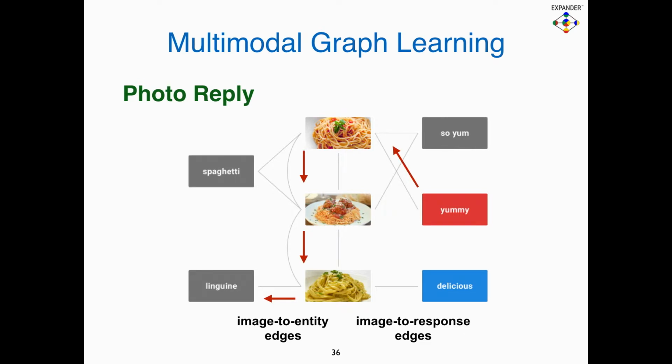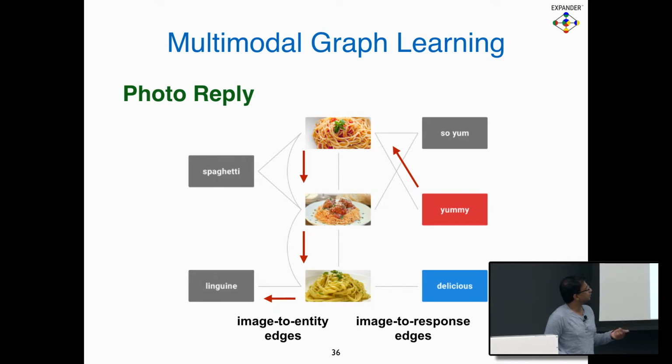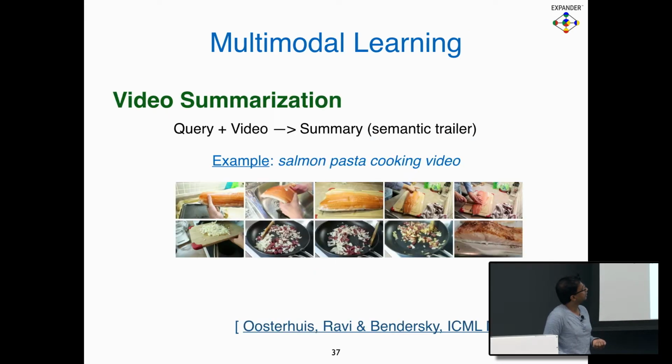So I can propagate this information through this graph and learn that, hey, linguini should be associated with the response of yummy. Well, this depends on what you see in the data, right? If some people didn't like linguini, you might see that as well. But the idea is, how do you learn these concepts in a structured manner?